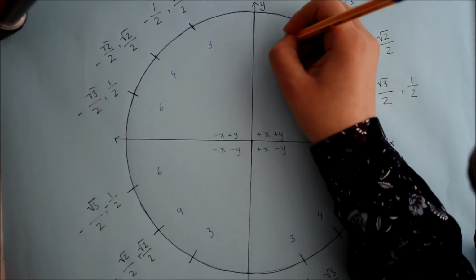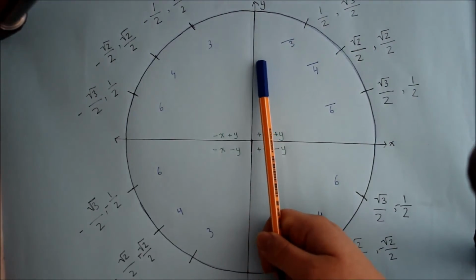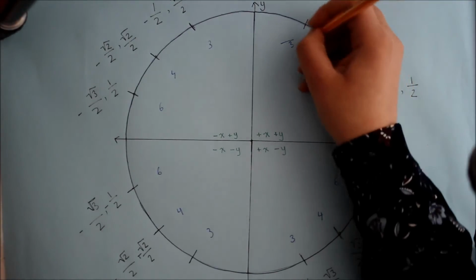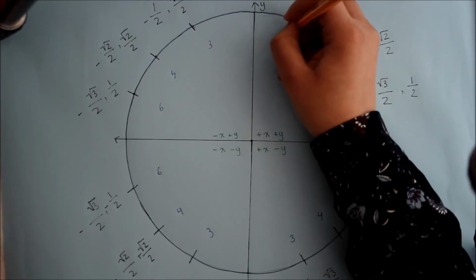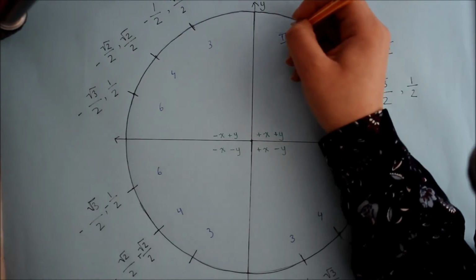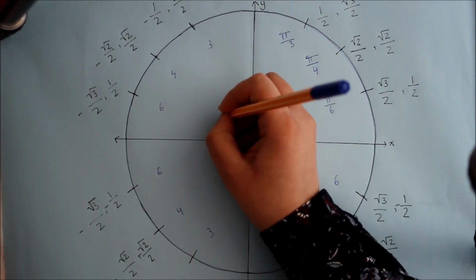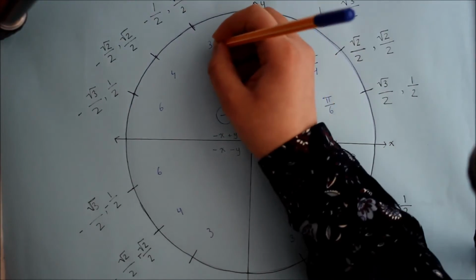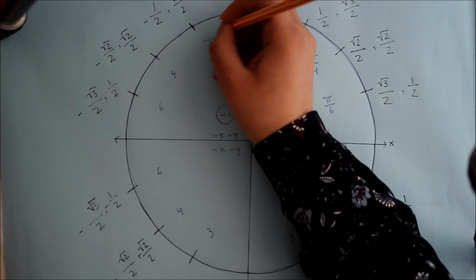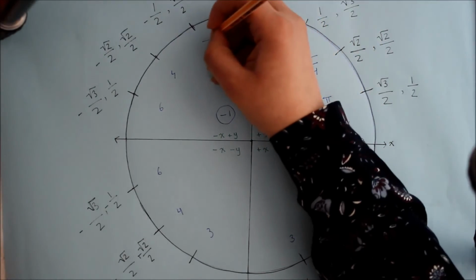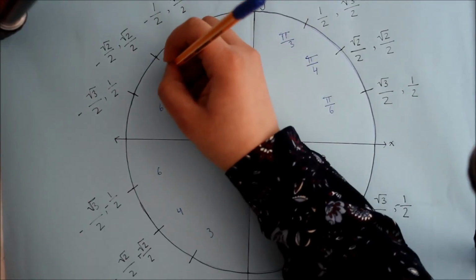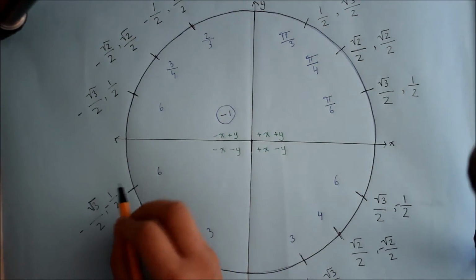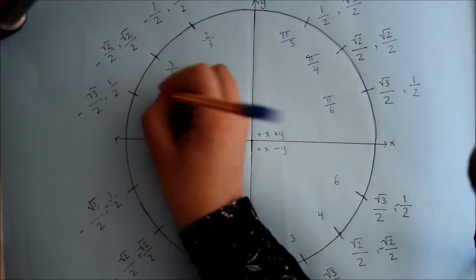Now, this part is really easy to remember because all you have to do is place pi over each number. For this part, you minus 1 from the denominator to achieve the numerator. So 3 minus 1 is 2, 4 minus 1 is 3, and 6 minus 1 is 5.